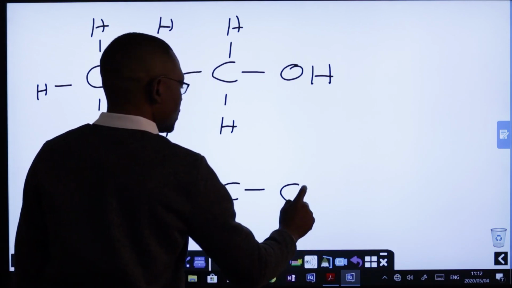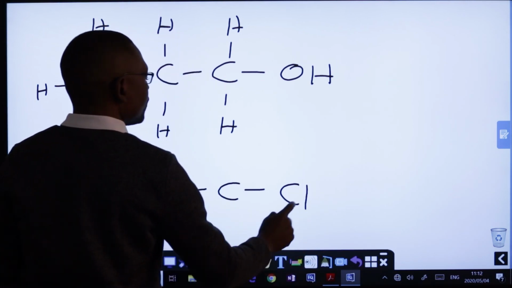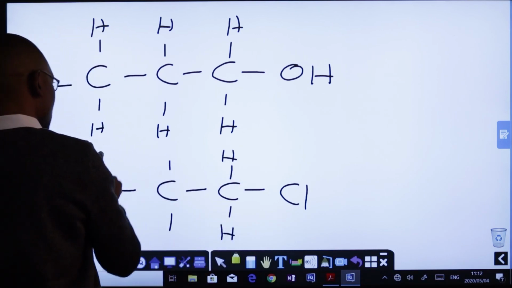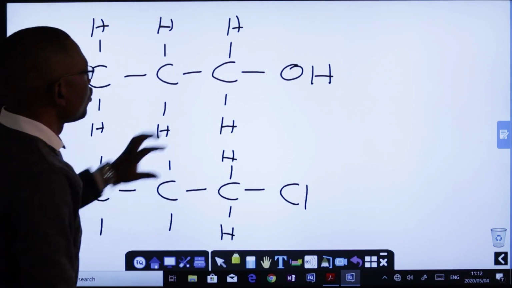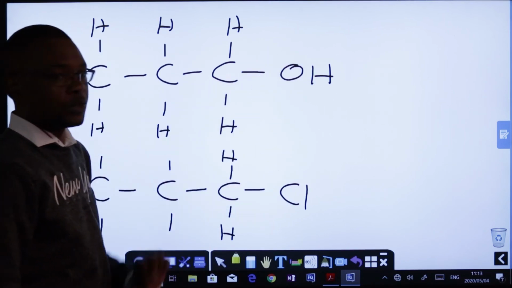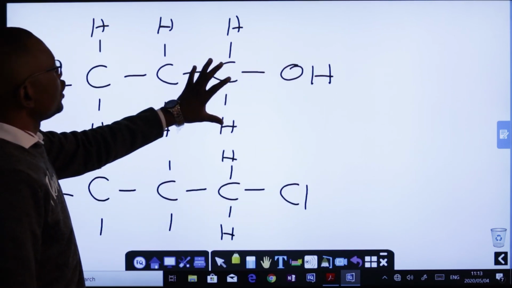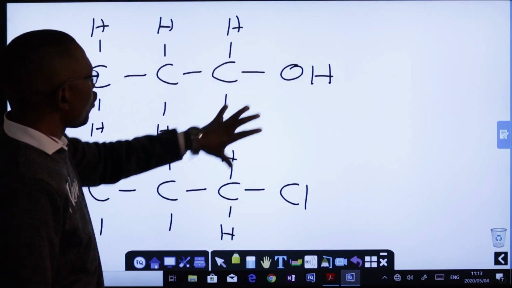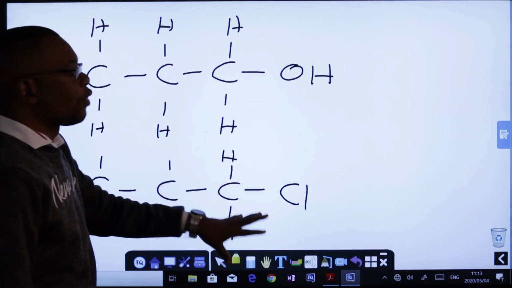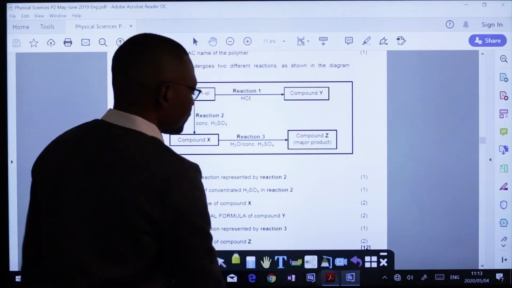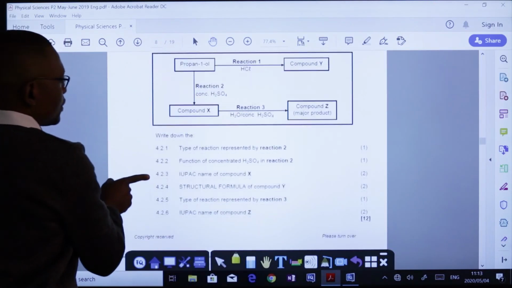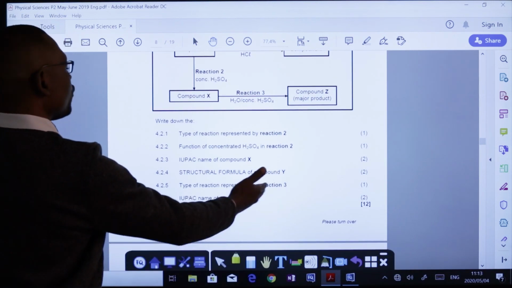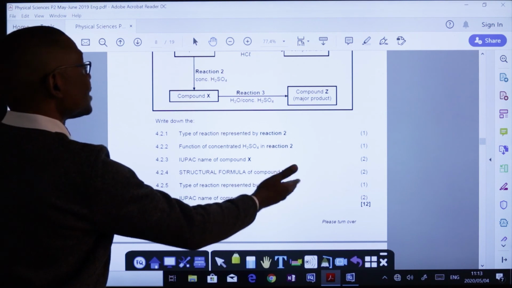And then it's going to be a chlorine there, and all these are hydrogen. So we have replaced the OH with a chlorine to change it from propanol, propan-1-ol, to 1-chloropropane.